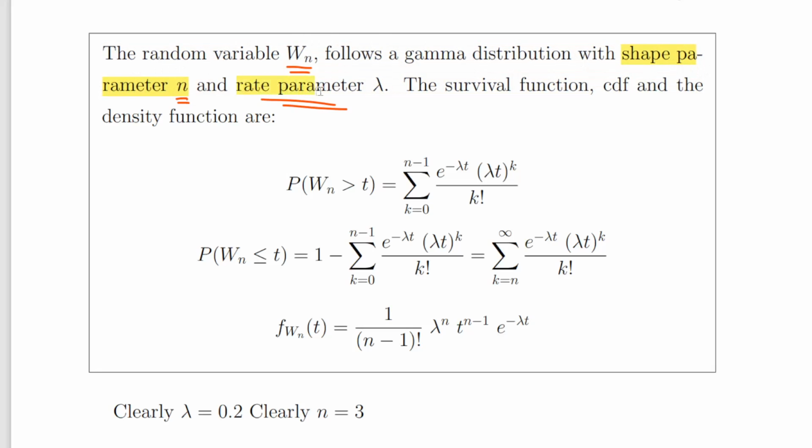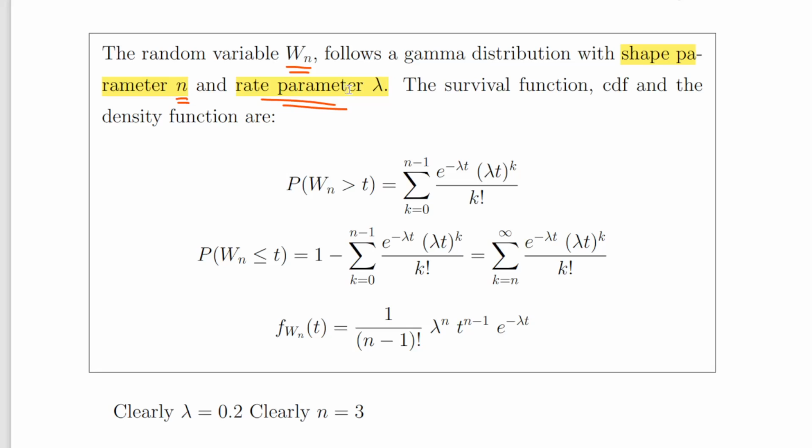What makes this formulation particularly interesting is that n is specifically an integer, and the rate parameter lambda usually corresponds to what we would expect for the Poisson and exponential distributions.